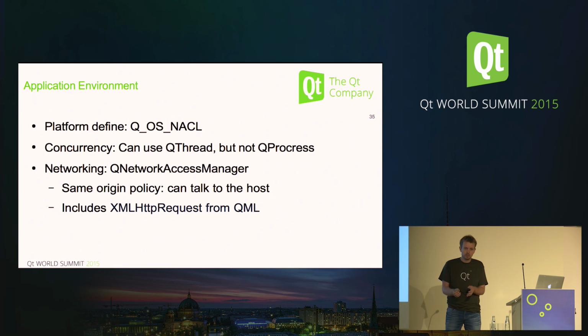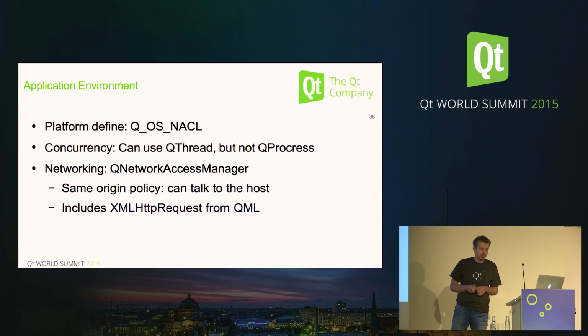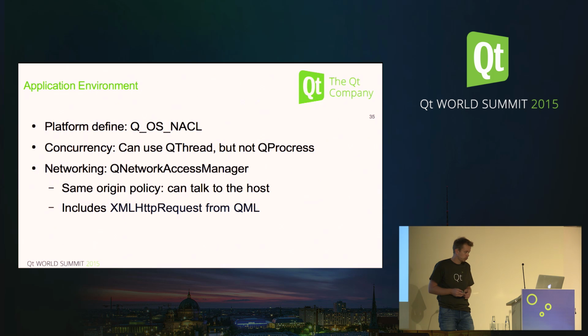So it's a single process, but you can have multiple threads. Networking using QNetworkAccessManager is available, but it's running under the web security sandbox. So you can't open a network connection to any server. You can talk back to the same host where you're hosting the application. And this includes XMLHttpRequest from QML.